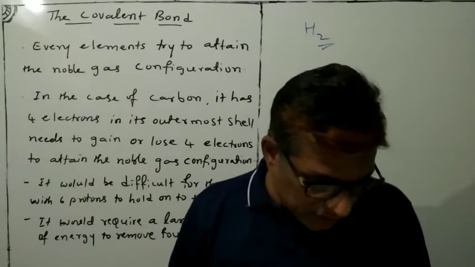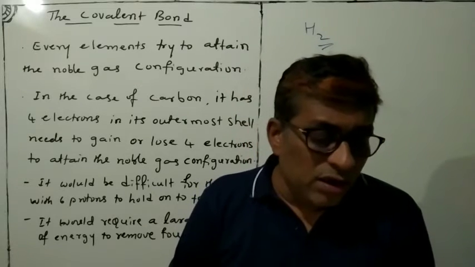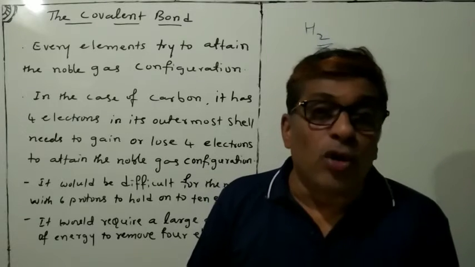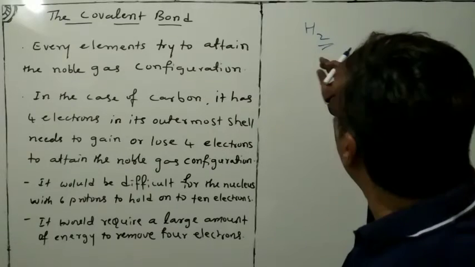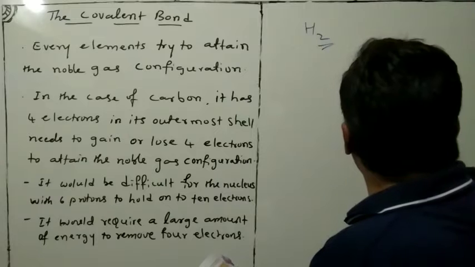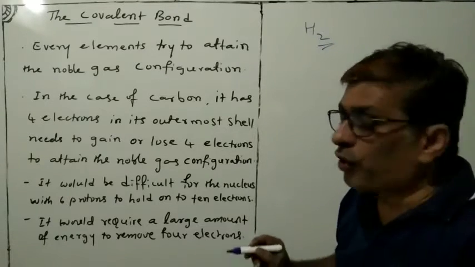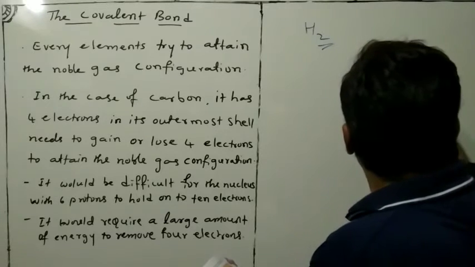Sometimes the question asked is to draw the electron dot structure of a molecule of hydrogen. Suppose this is a hydrogen, and here also hydrogen. Each has 1 electron.